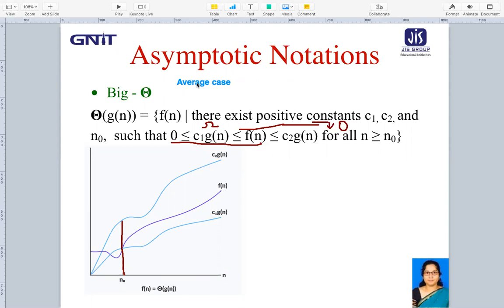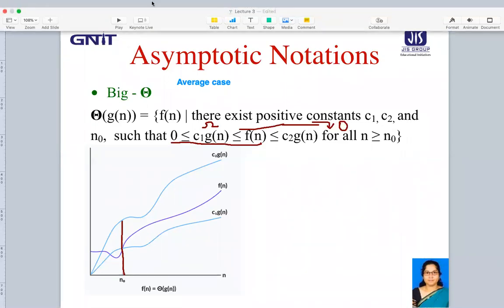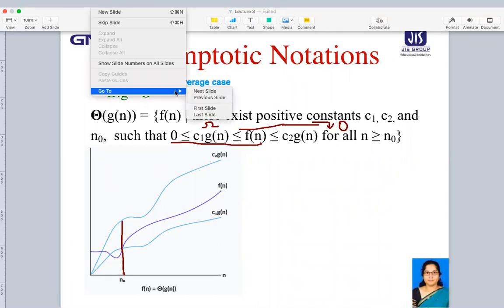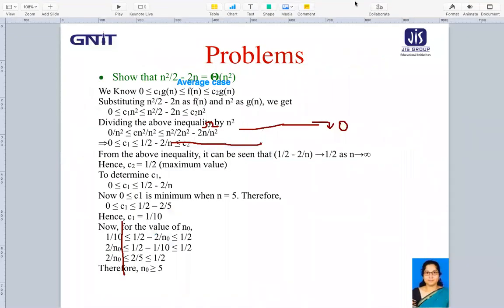In some cases, you may find it is represented by big O or big omega also. But if we look at this thing, we can make out that it is more of a representation of an average case where Fn is between C1Gn and C2Gn. And if we have to solve any problem using big theta, we can apply both the big omega concept of solving the problem and the big O notation of solving the problem.